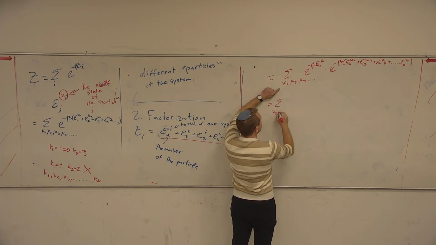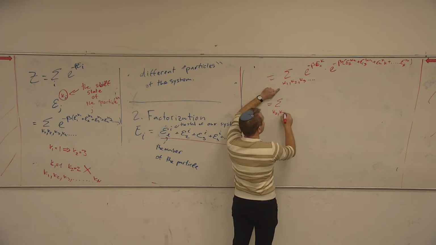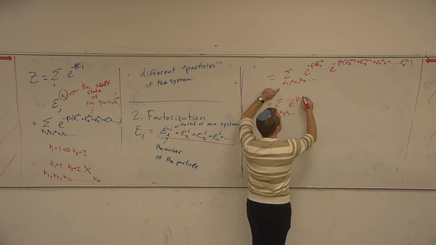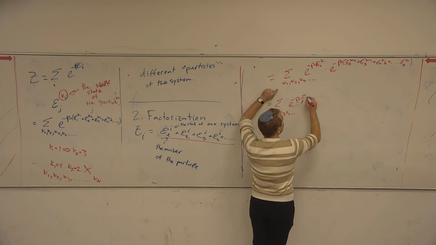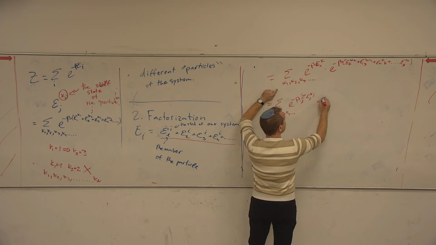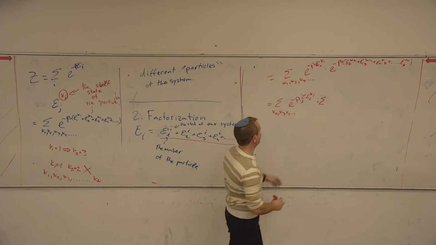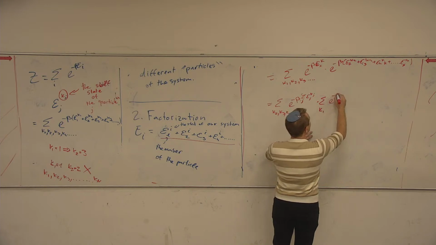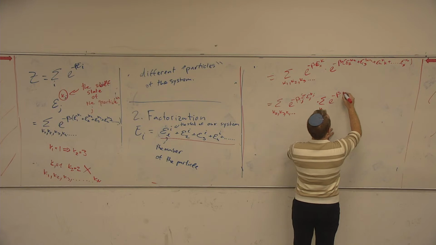I'm saying let's leave K2, K3, and K4 outside. I will have e to the minus beta sum over j of epsilon j kj, multiplied by a sum over K1 of e to the power minus beta epsilon 1 K1.